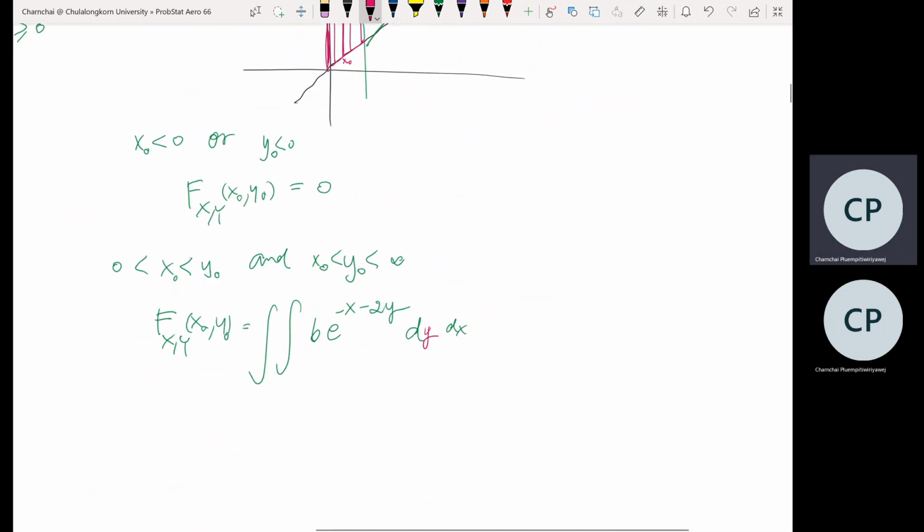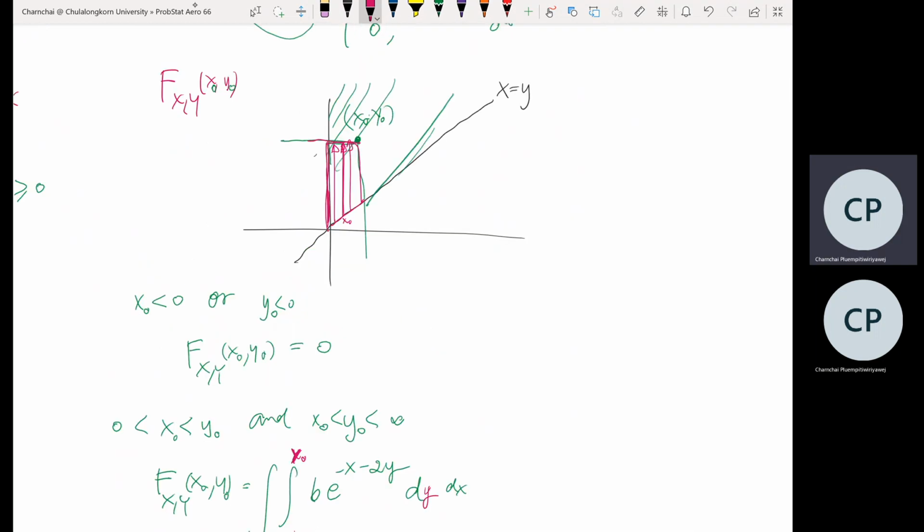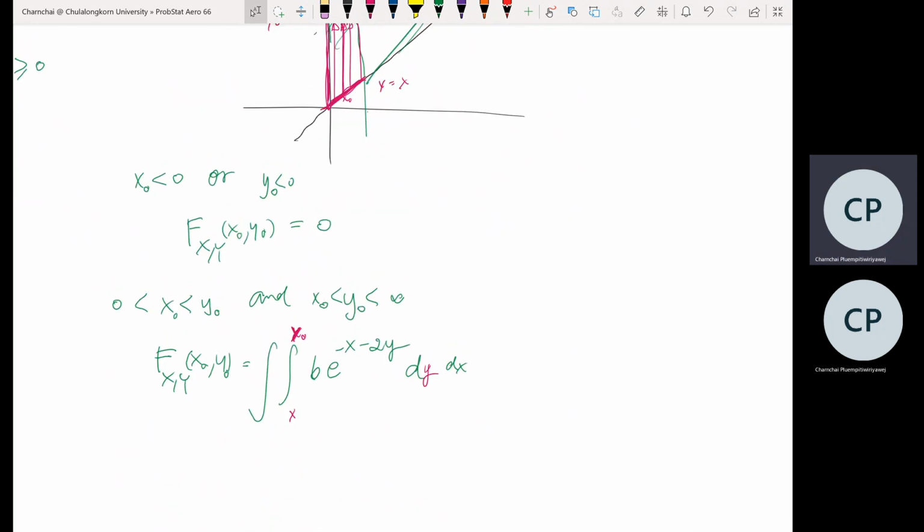You integrate dy from x, because this is the line y equal to x, to y naught.